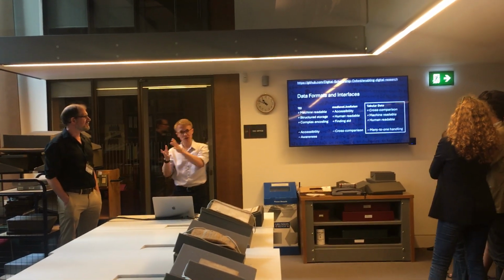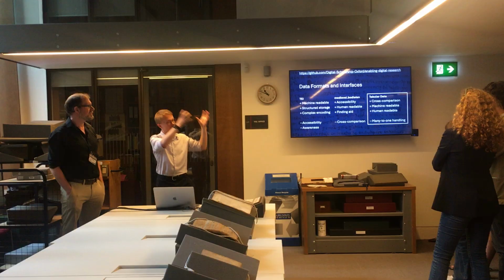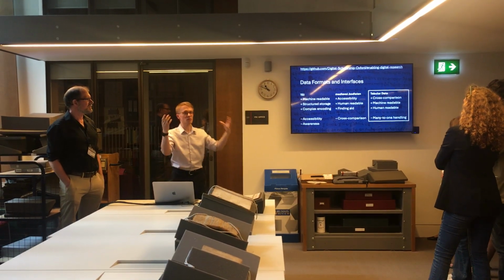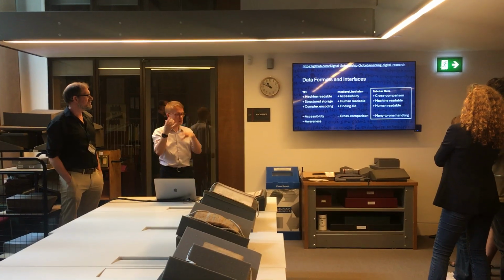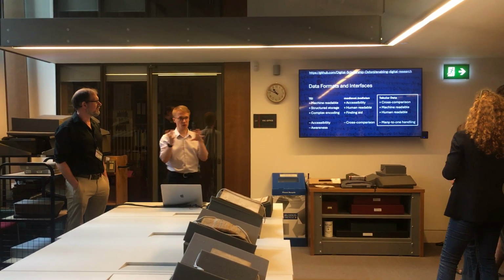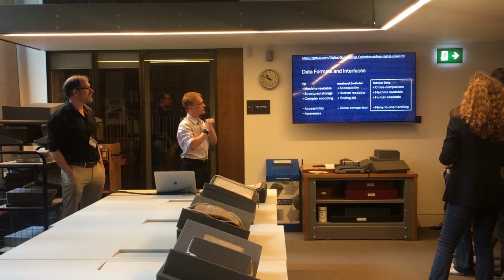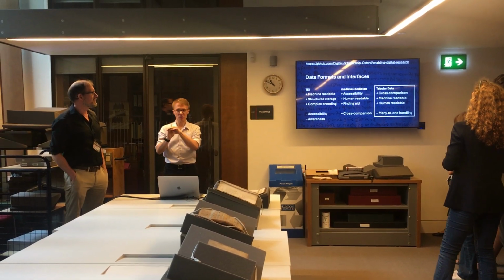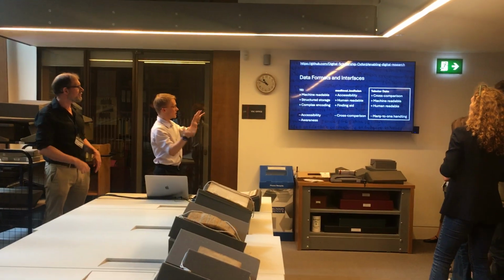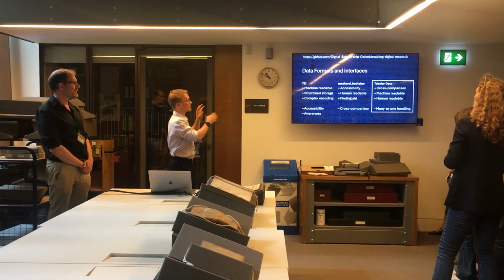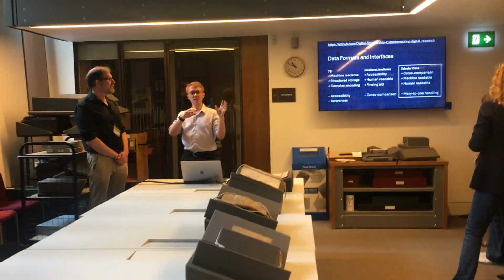So our approach is to take the TEI data and turn them into tabular data, so spreadsheets essentially, and to make them as human readable but also machine readable as possible. To bridge that gap, if we can, in a way that really allows for cross-comparison between manuscripts. It's not the perfect solution. The idea is not to replace any of the existing things, particularly given the difficulties of many-to-one handling.